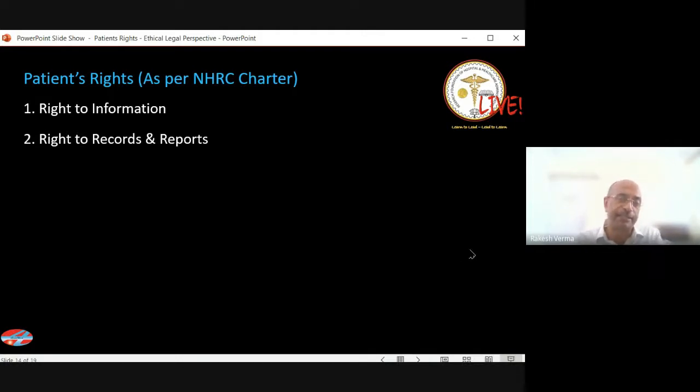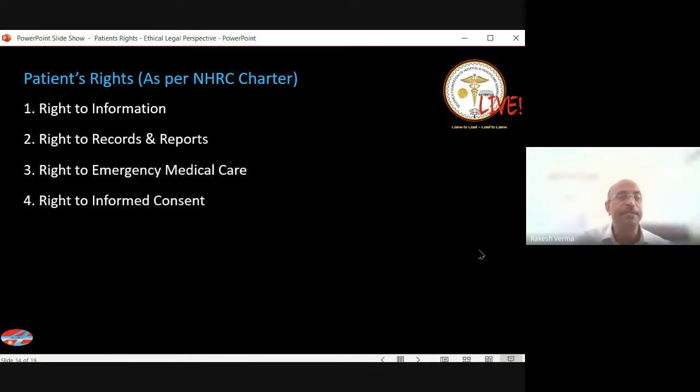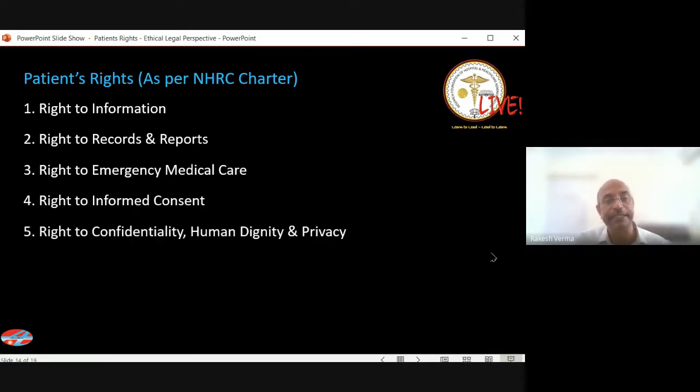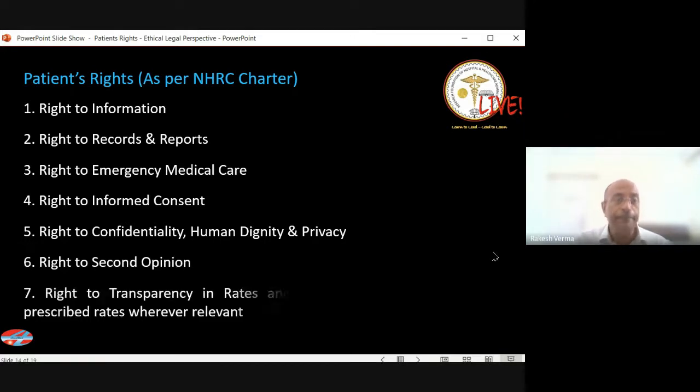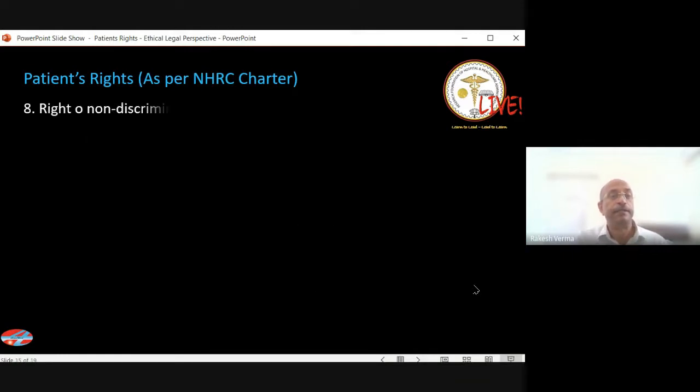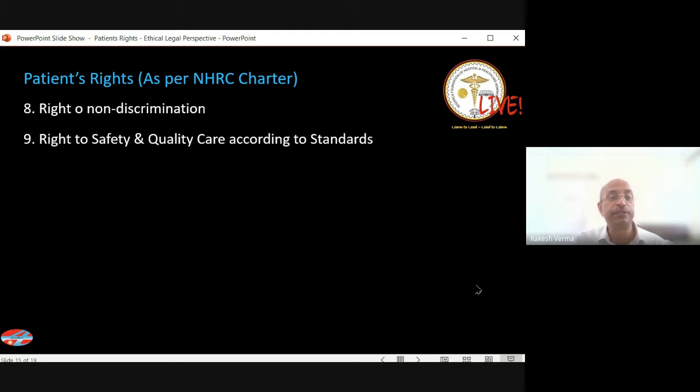in this NHRC Charter. The first one is the right to information, right to records and reports, right to emergency medical care, right to informed consent, right to confidentiality, human dignity and privacy, right to second opinion, right to transparency in rates, that is the charges, and the care according to the prescribed rate wherever these are relevant, right to non-discrimination, right to safety and quality of care according to standards.